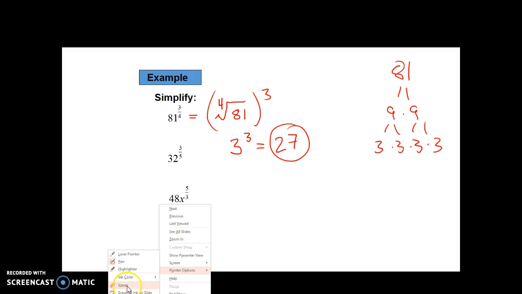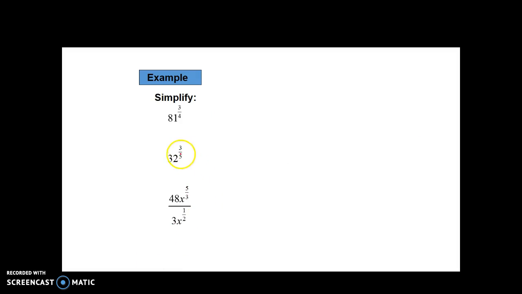Let me erase all that stuff. Second one, 32 to the 3/5. Again, that's going to be the fifth root of 32 cubed. Let's do a prime factorization on 32, and we're looking for 5 numbers multiplied together.